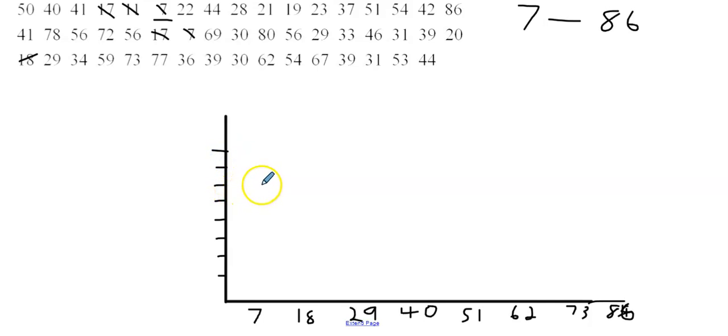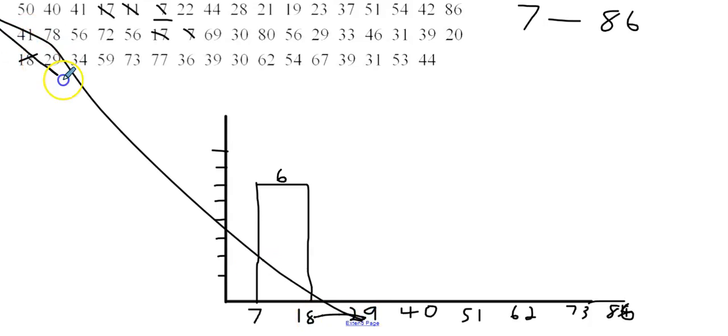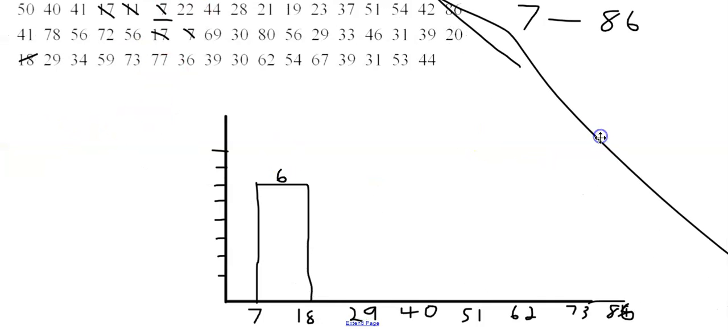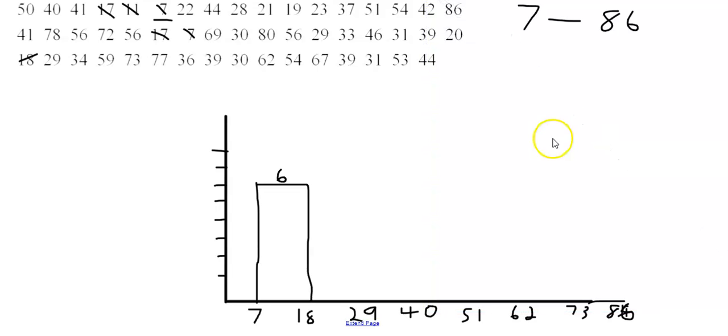So here is between 7 and 18. And I like to just write the number on top, just for clarification so people don't have to look. Now, 19 to 29. Whoops. Did not mean to do that. That was an accident. Let's just get rid of that. Okay.